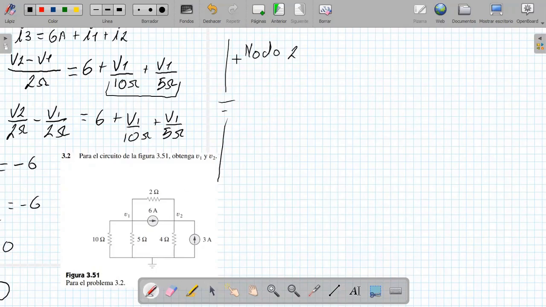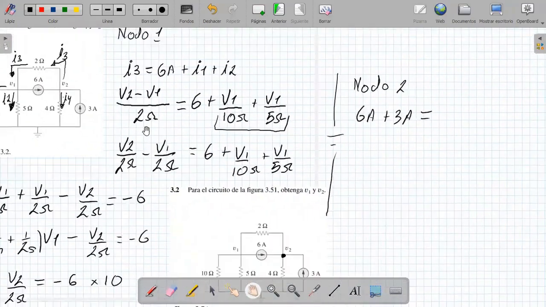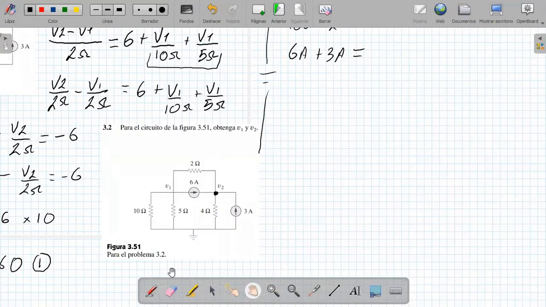In node 2 we have the incoming currents. We are going to mark the first ones, which would be the 6 amperes and the 3 amperes, which are the currents that enter at this point, and those that leave. We had said that the current I3 and I4 leave this way. And I4 comes here. So the I3 is the voltage V2 minus the voltage V1.